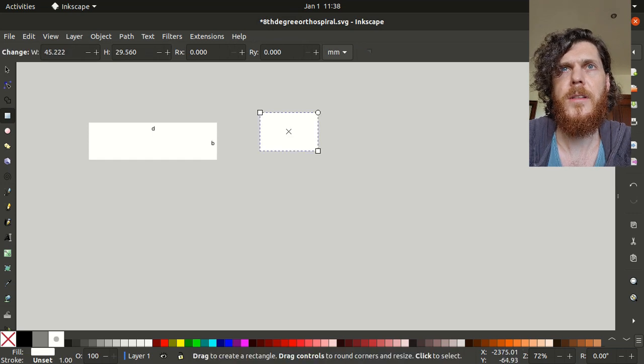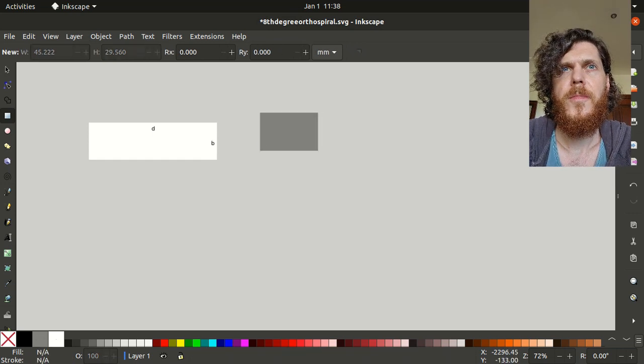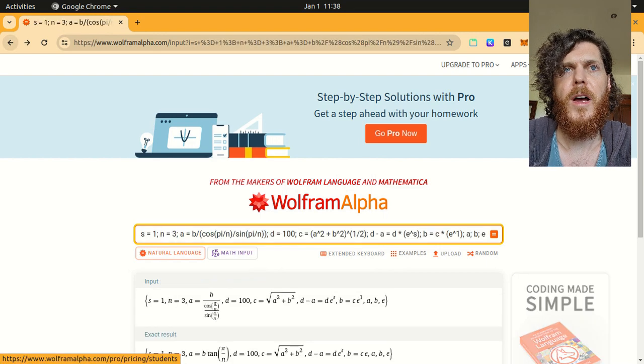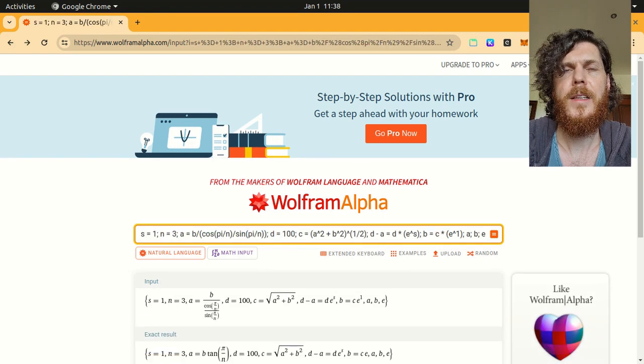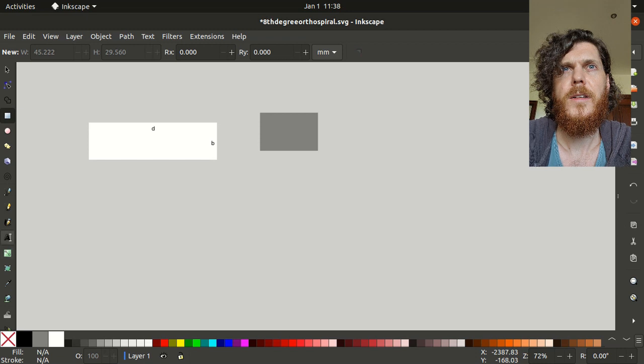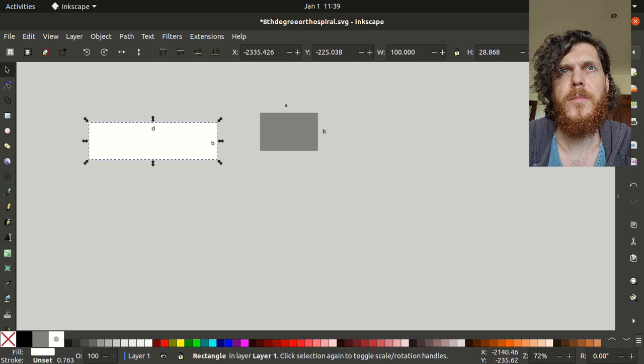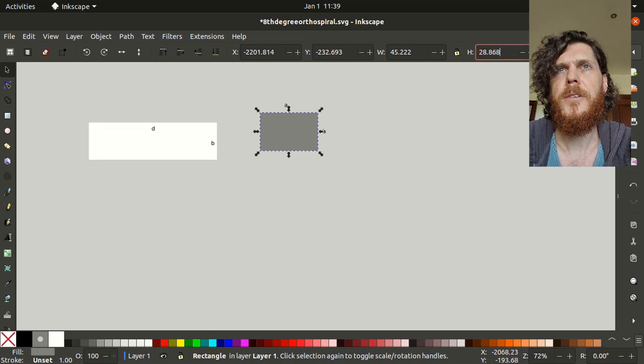Next we make the other rectangle, and then find A. B we already know, since it's the same as the first rectangle.